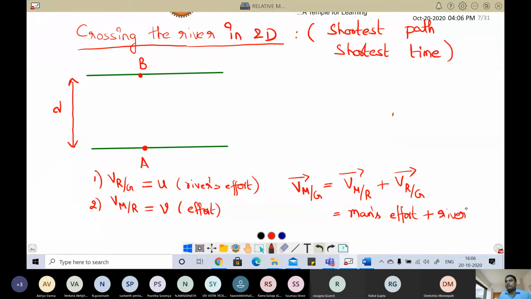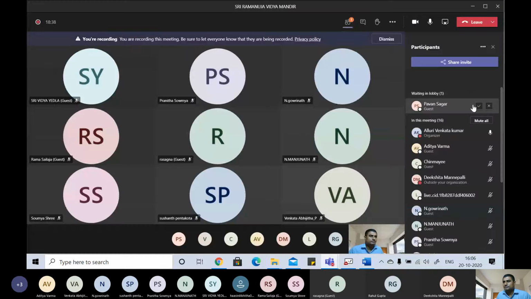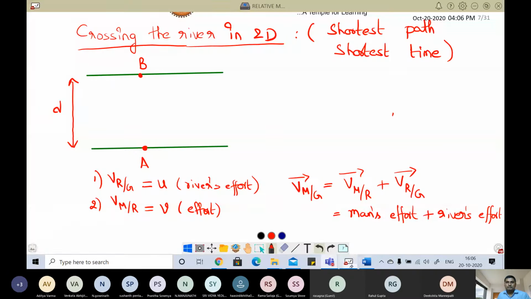Of course, we have to add them vectorially. Please remember man's effort and reverse effort. Now for simplicity, velocity of river with respect to ground is u, and velocity of man with respect to river is v.